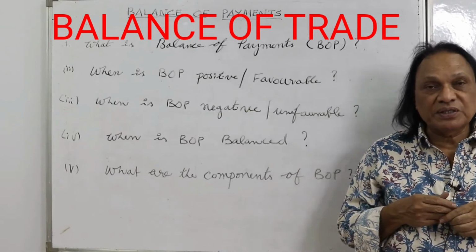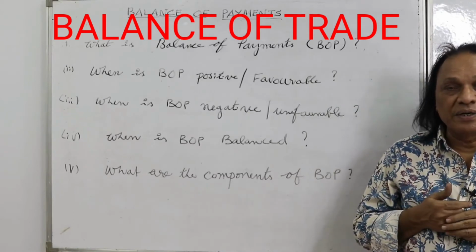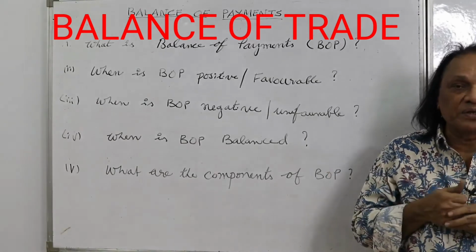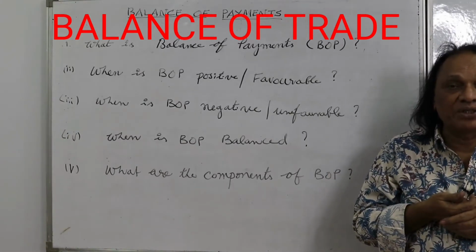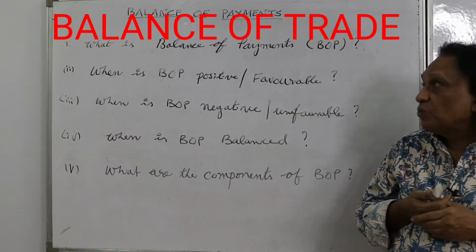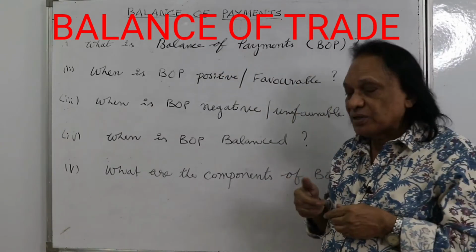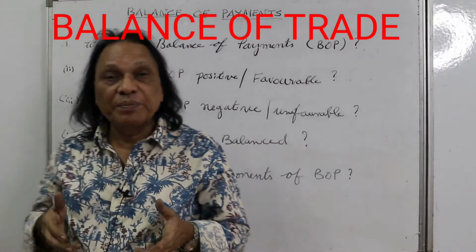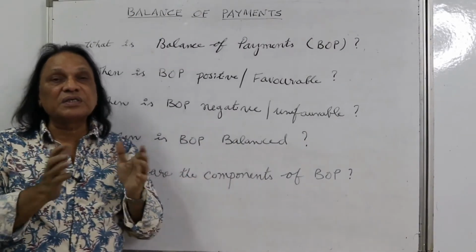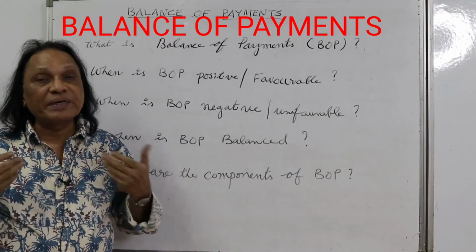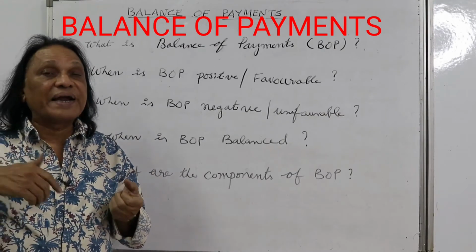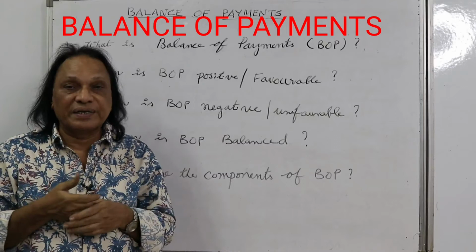Now today we will be discussing balance of payments, which is a much bigger term than balance of trade. Now let's see what exactly is balance of payments. Balance of payments is a systematic statement showing the economic relations a country has with the rest of the world, with the other countries.